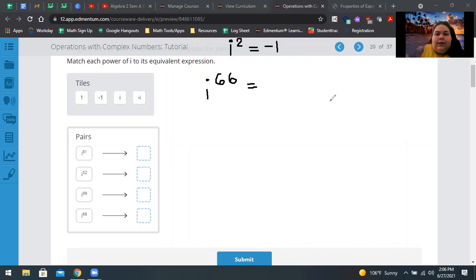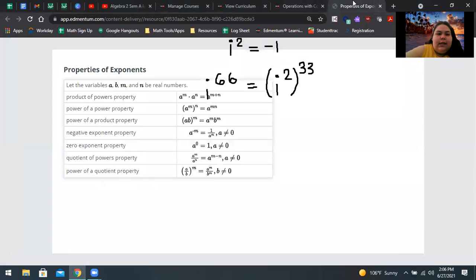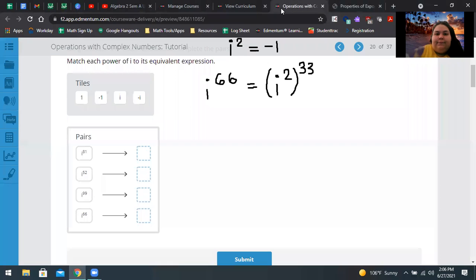I know 66 is divisible by 2, by 33. So this is i to the 2 power, the base, and I'm going to raise this to the 33rd power because the rule is the power of a power property.